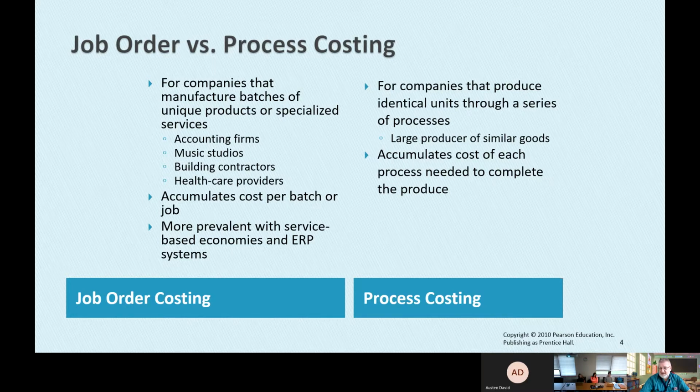And then the companies that do process costing are ones that do the same job over and over and over again. So the example I used of the company that does plywood, or maybe you've got a company that makes surfboards or coffee cans.